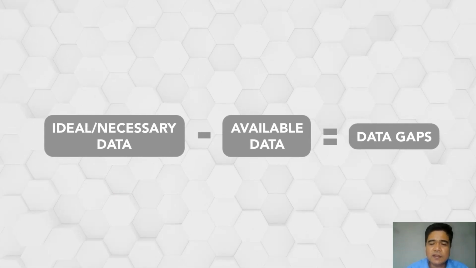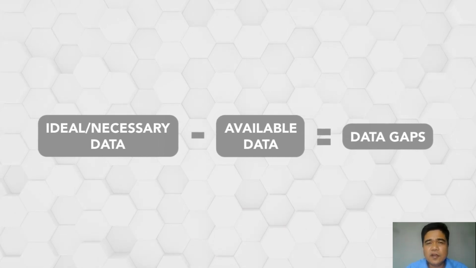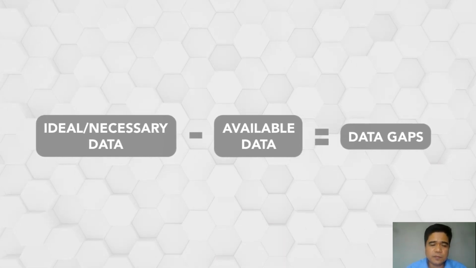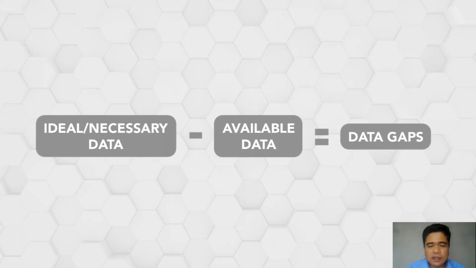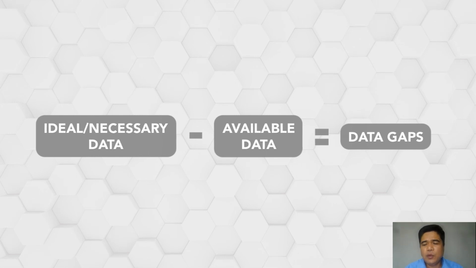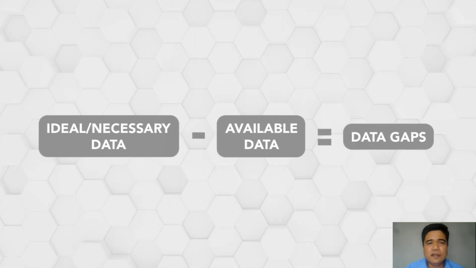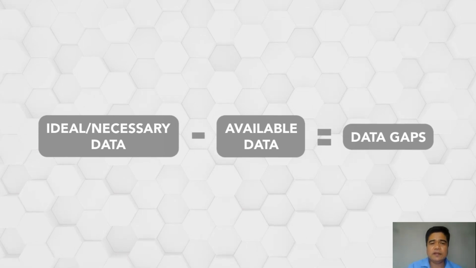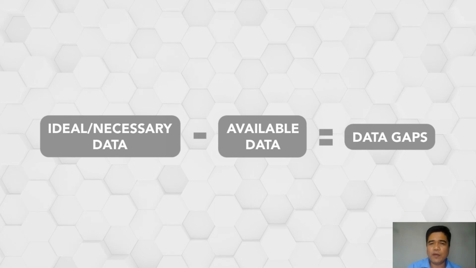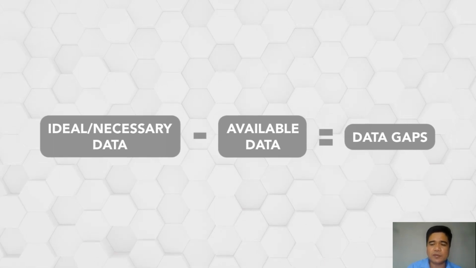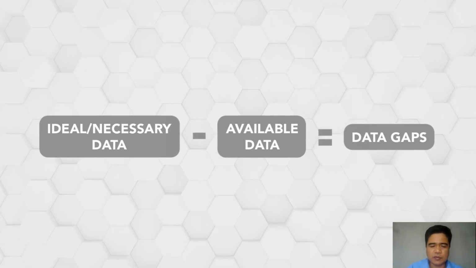In most cases, data gathering is necessary as there are no other alternatives. Hence, to understand the data we lack, we make a listing of what data are necessary and then compare it with what we have or the available data, the inventory that we just made. And the difference is called data gaps.